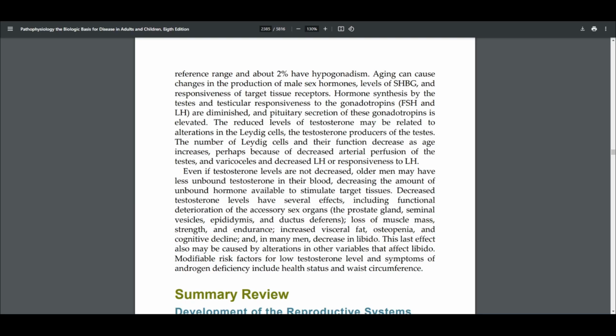This last effect also may be caused by alterations in other variables that affect libido. Modifiable risk factors for low testosterone levels and symptoms of androgen deficiency include health status and waist circumference.